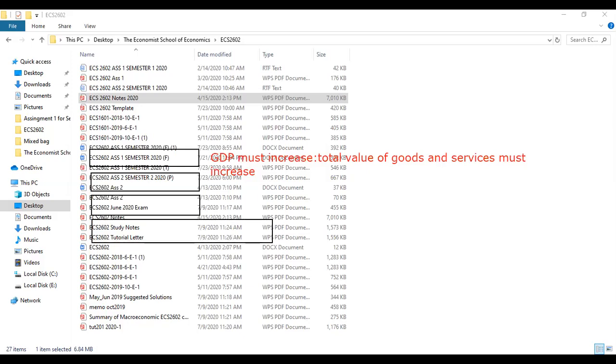Now we are referring to the BOP, the balance of payment. So we are saying that the BOP must be balanced. The balance of payment must be in balance.